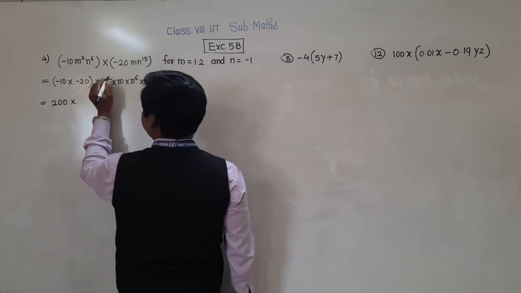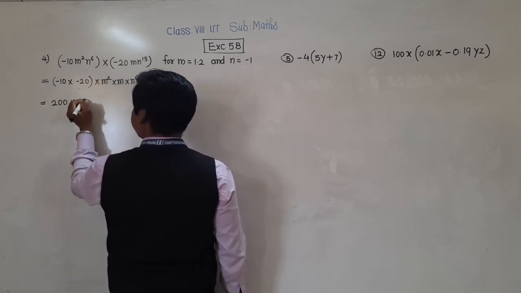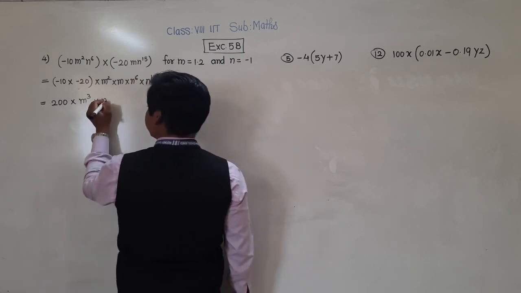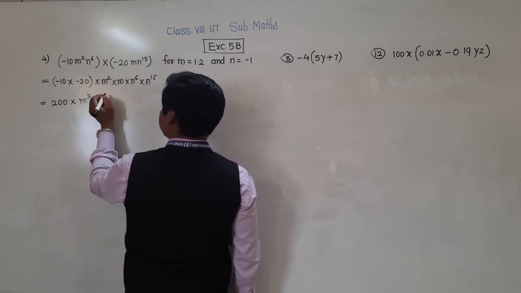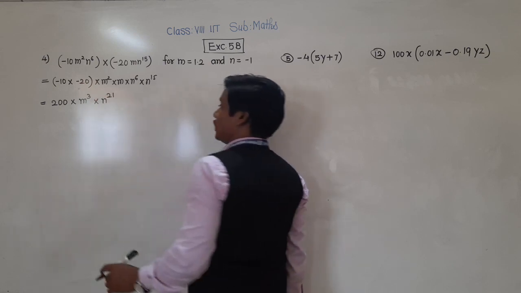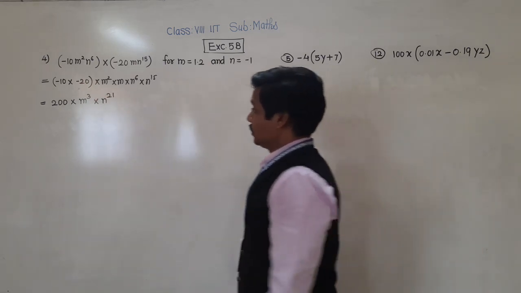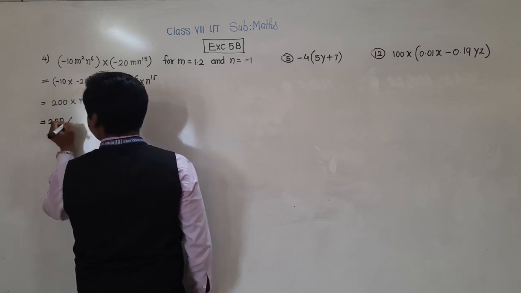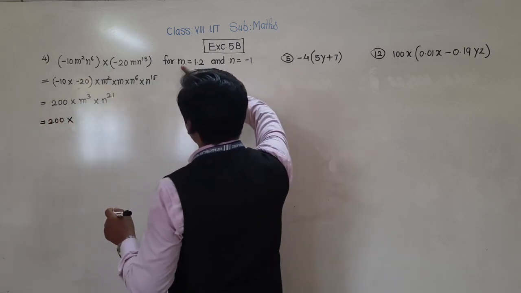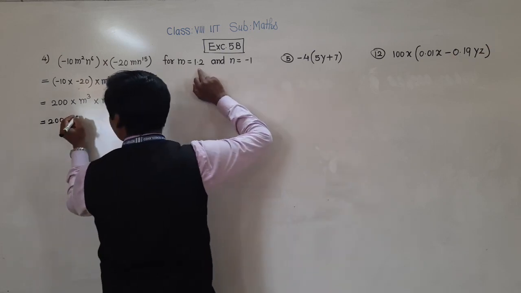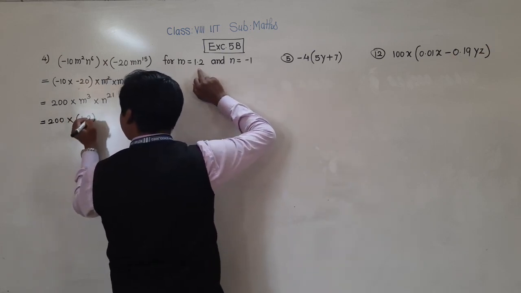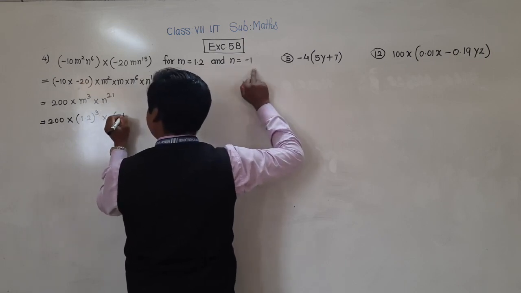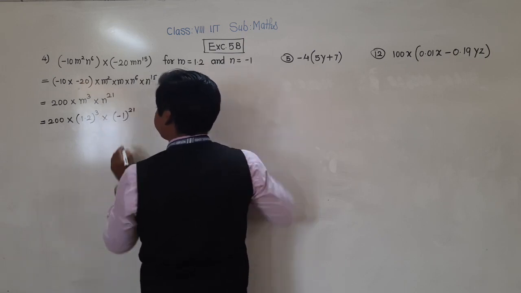Into m raised to 2 into m raised to 1 is m raised to 3, n raised to 6 into n raised to 15, n raised to 6 plus 15, 21. Okay, that is 200 into, now put here the value of m. What is the value of m? 1.2. So 1.2 cube into minus 1 raised to 21.